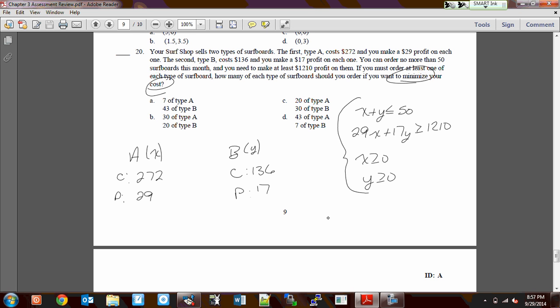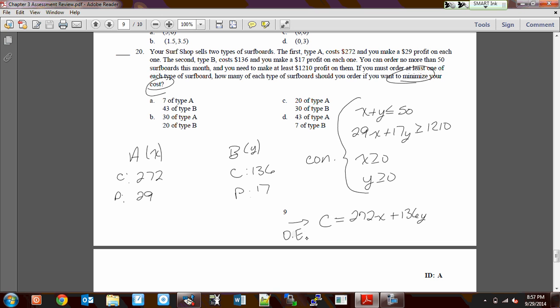All right, so our cost is going to equal 272x, because that's how much it costs to make brand A, plus 136y, because that's how much it costs to make brand B. So this is our objective function, and these are our constraints. Sorry, it's objective equation. I call it function, same difference.